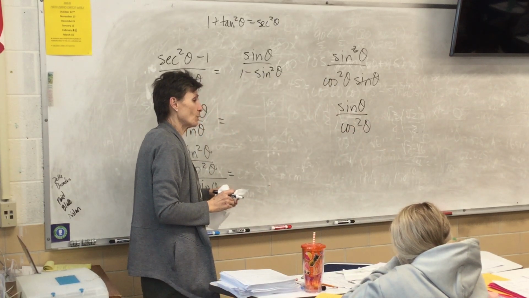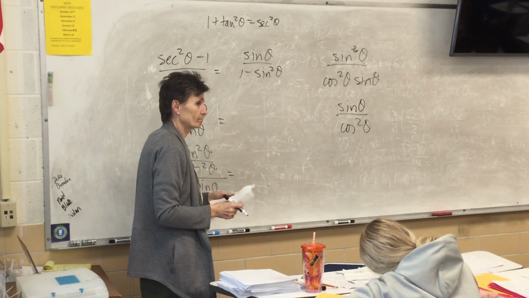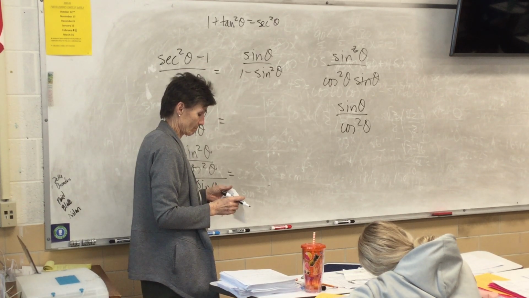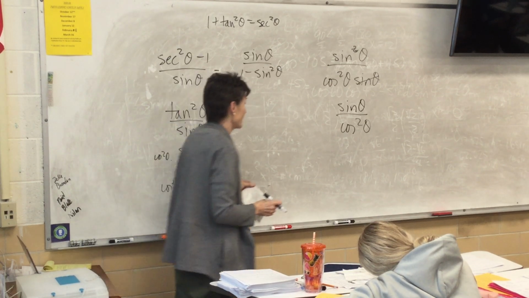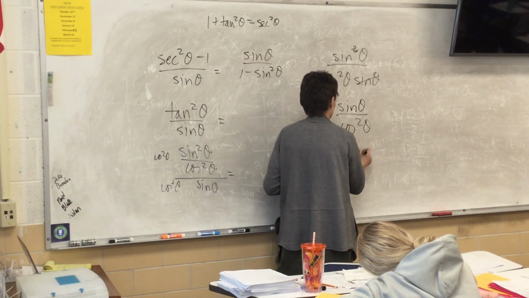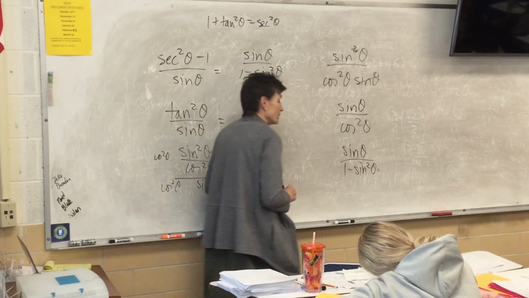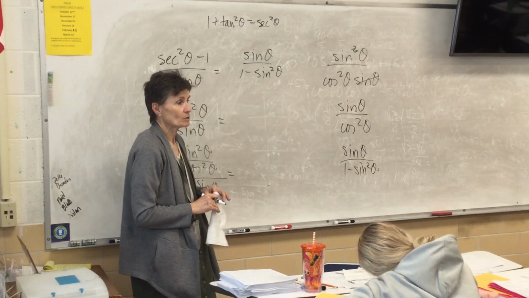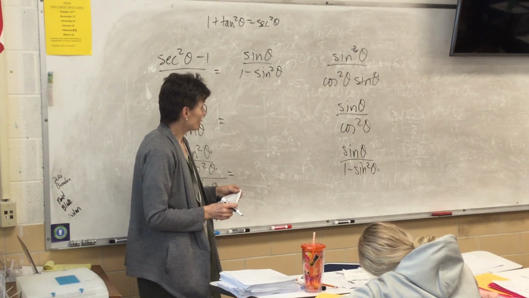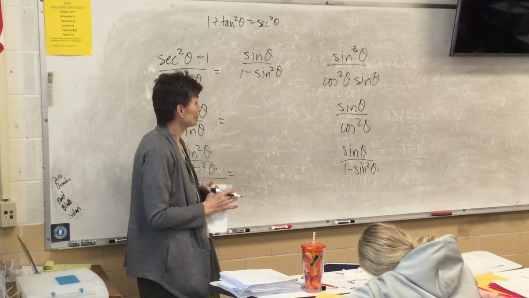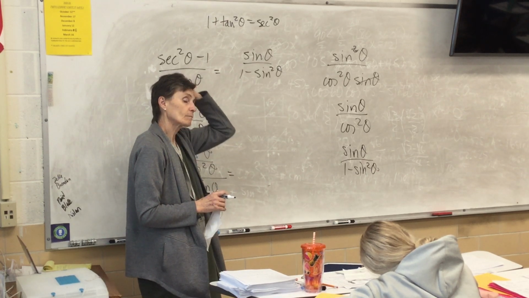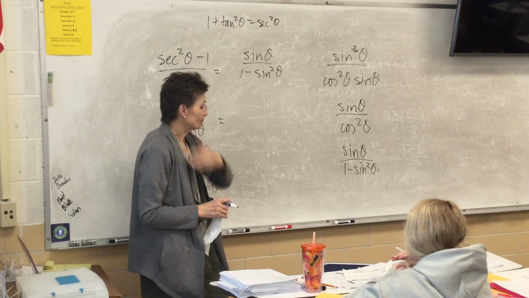But what's cosine squared? One minus sine squared. Because sine squared plus cosine squared is 1. So you can change that. Okay, what else?